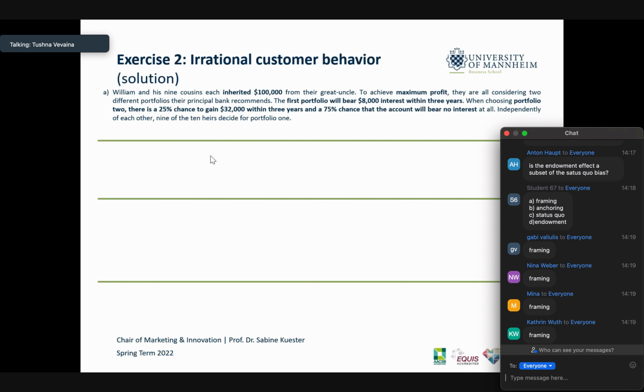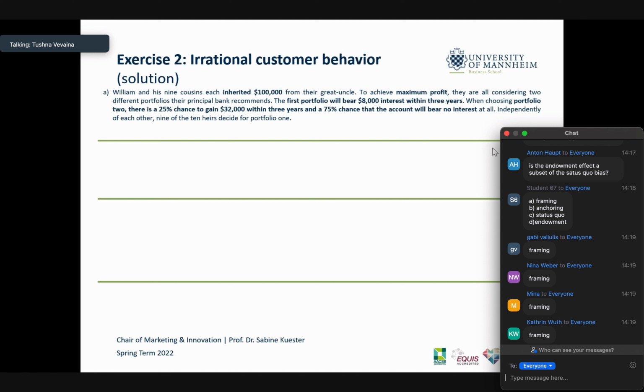And we calculate this expected value using 25% of 32,000 plus 75% of 0. That's how you use probabilities to calculate your EV, your expected value. So basically this would be 25% of 32,000, which is 8,000, the same outcome. That's the same amount, but the way it's framed may make someone choose one over the other.